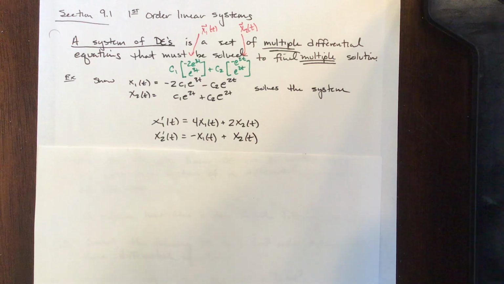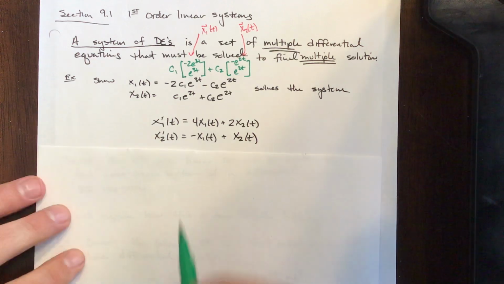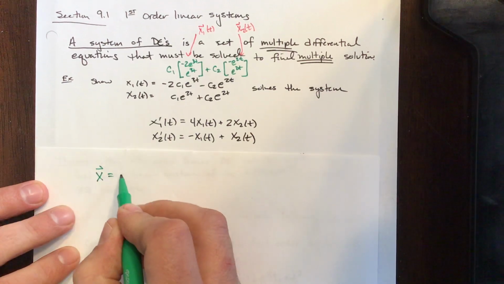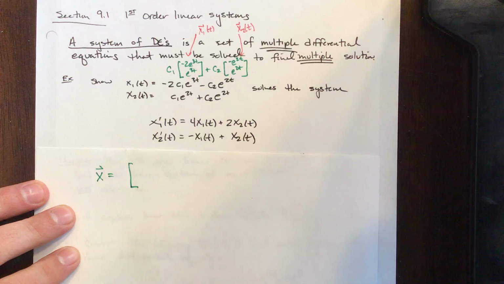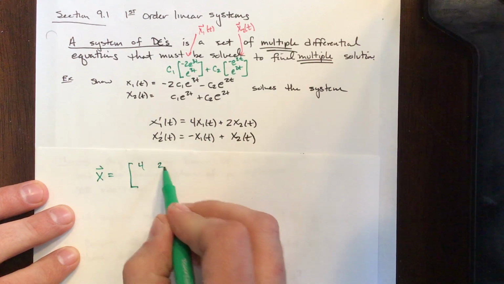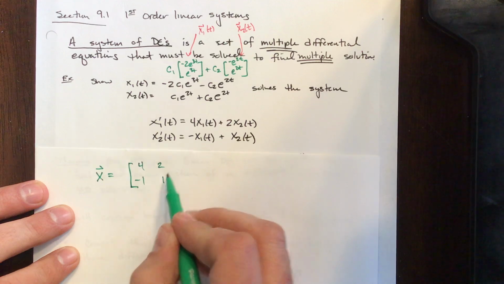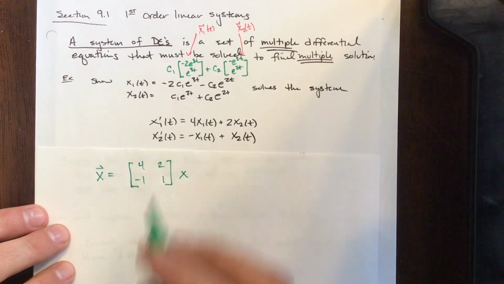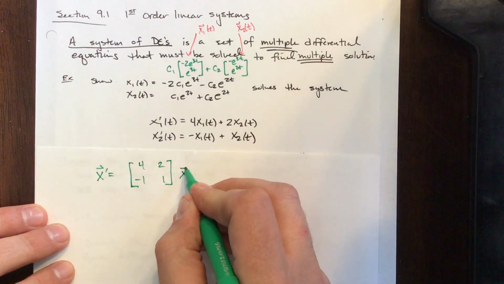What would you do? Well, we get to try it now. First off, we convert this to x prime equals A times x, where A is 4, 2, negative 1, 1, and that's x1 prime, and that's x right there.